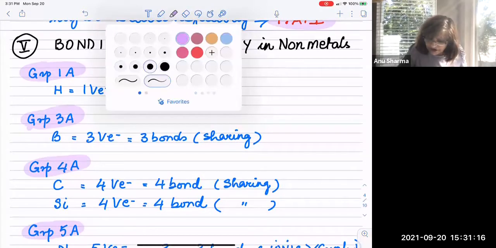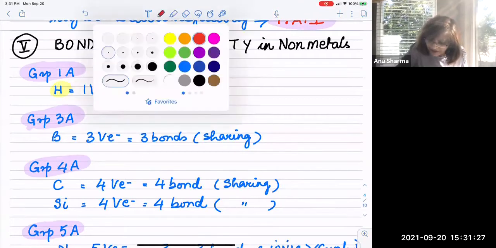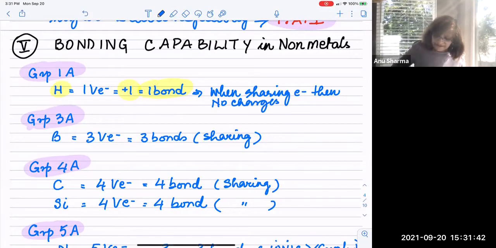So hydrogen is just hydrogen, with a +1 charge and 1 bond. But it's not always a charge. Sometimes, when sharing electrons, it has no charge. So that is also a possibility. We will study that today.